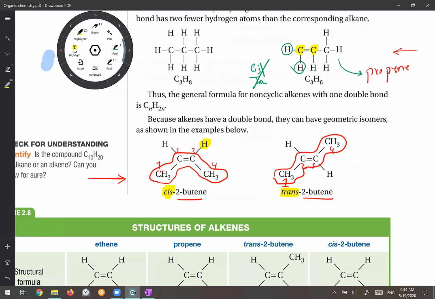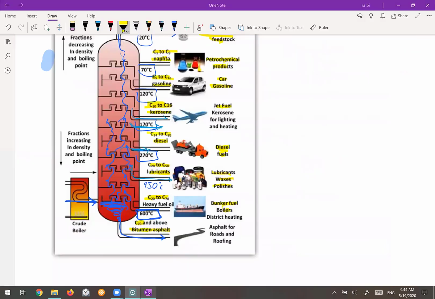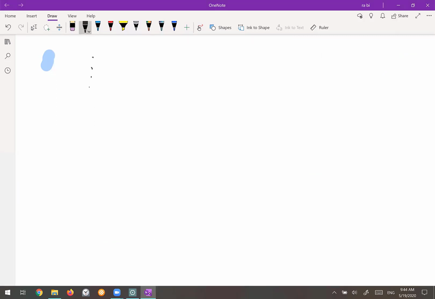What about 1-butene? Do we have cis and trans isomers for the 1-butene? Let's draw the 1-butene molecule here. Okay, so this is 1-butene. It's CH2, double bond, CH, CH2, CH3. So you have to look at the carbons which contain the double bond.